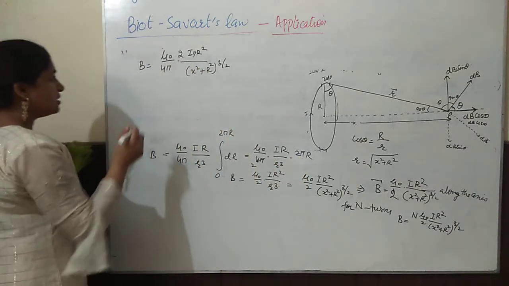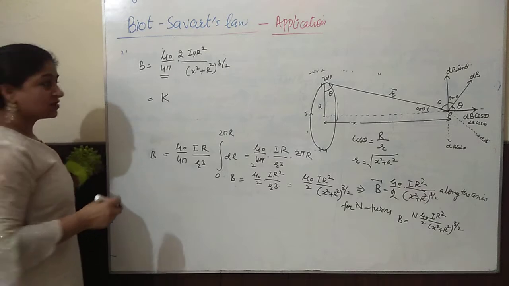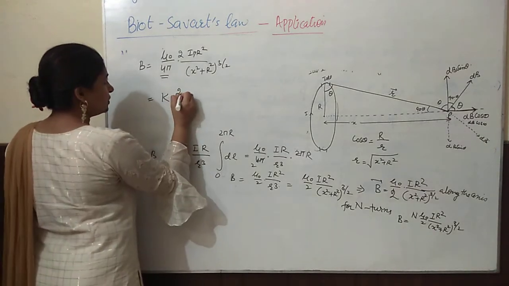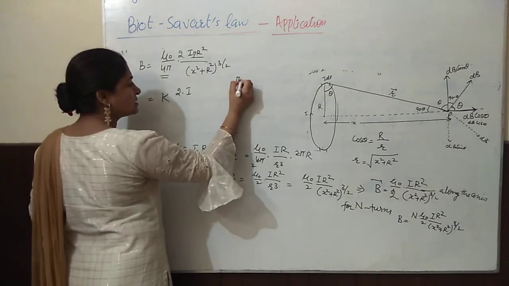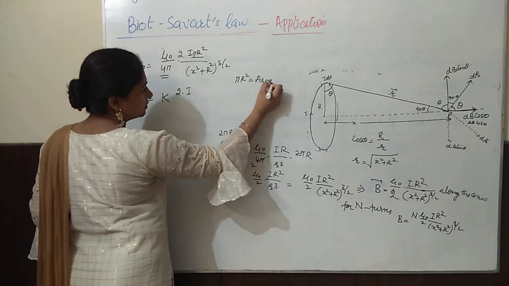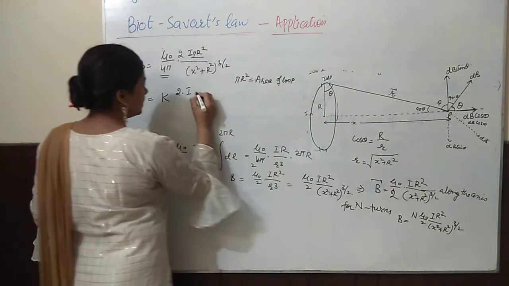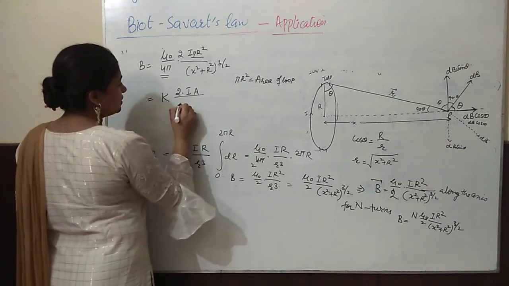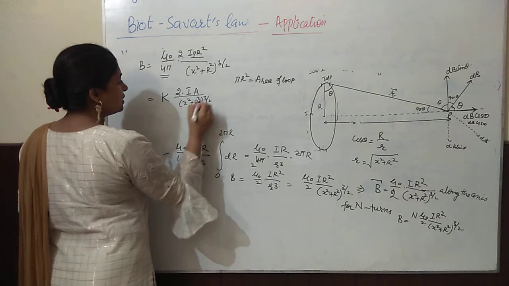Now this I can take as k. K here is the constant of proportionality in magnetic field, and pi r square is the area of the loop. So this is 2 I times the area of the loop divided by (x square plus r square) to the power 3 by 2.